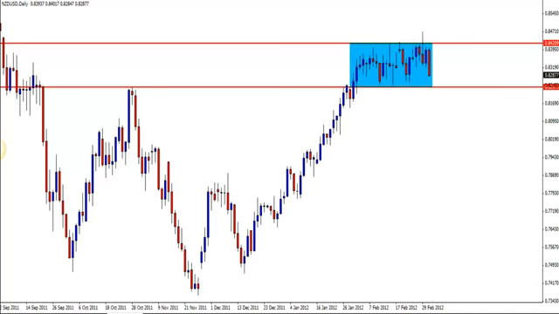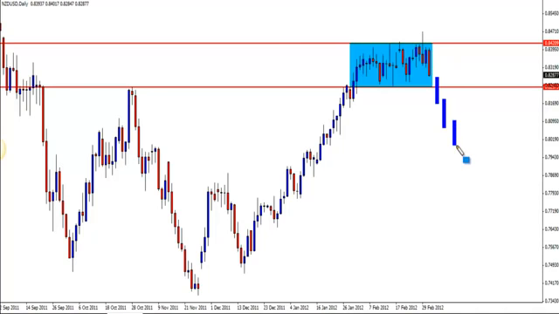Until this price box is broken, I'm not looking for longs or shorts. Once again, I have to let the market play its hand before I can look to get either way. So what I'm talking about here is, if price can break out of this box and close lower and then goes lower, I'll be looking for shorts.